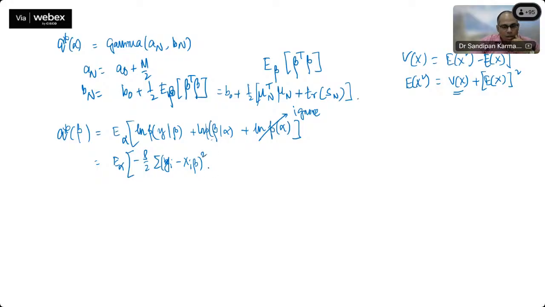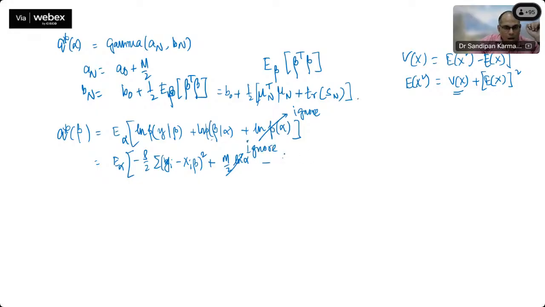The other rho term will not be required because it is not dependent upon beta or alpha, so it is gone. Plus m by 2 ln alpha, that will also be ignored.